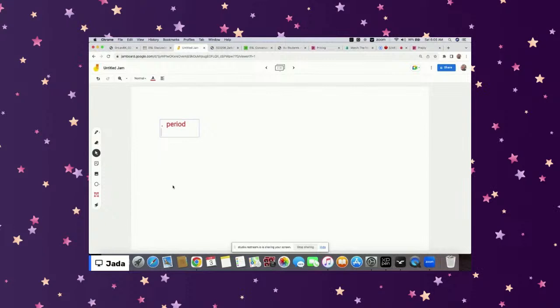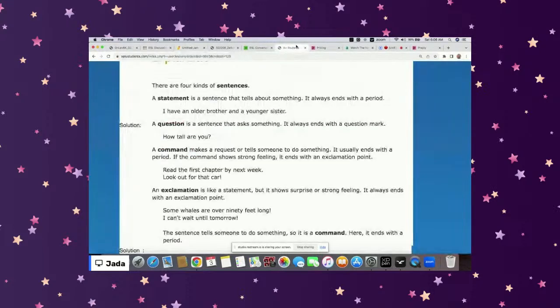Then this is the question mark. Okay, so the first dot sign here is the period. The next is the question mark. So that is what I'm referring to.